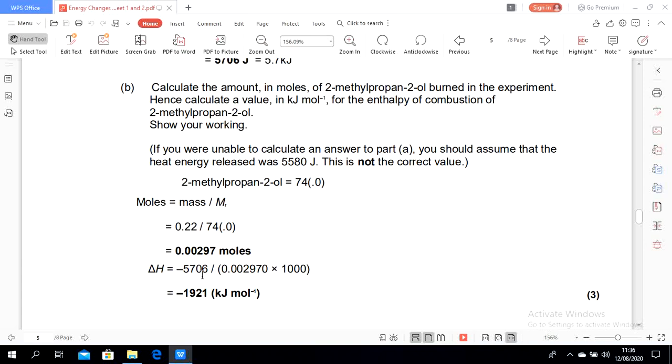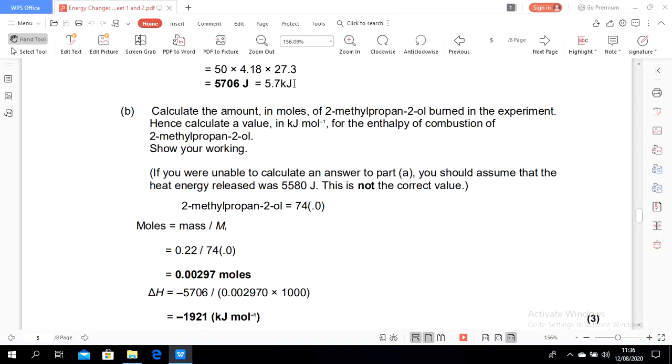the moles. So what is the meaning of the moles here? It means that 5.7 kilojoule in 0.00297 moles is used to increase the temperature of the water as much as 27.3 degrees Celsius.